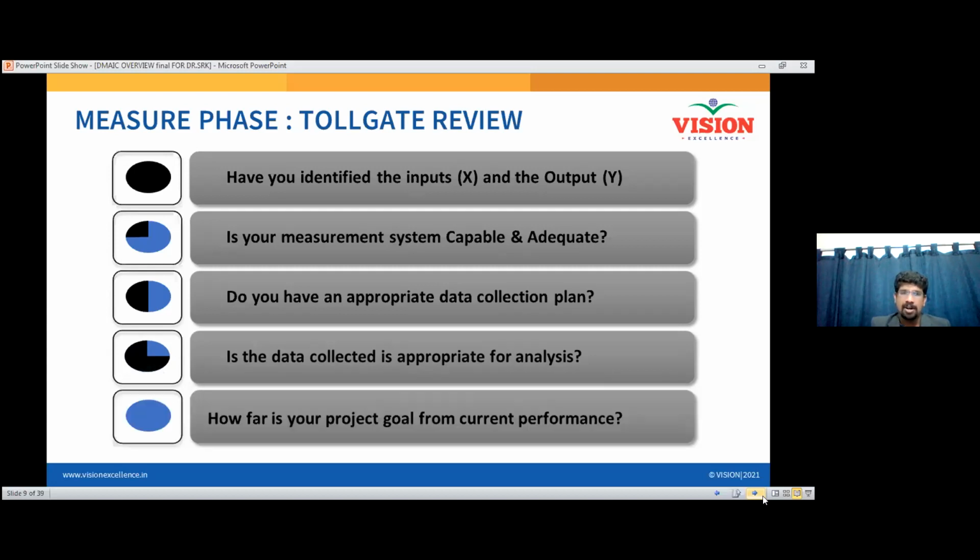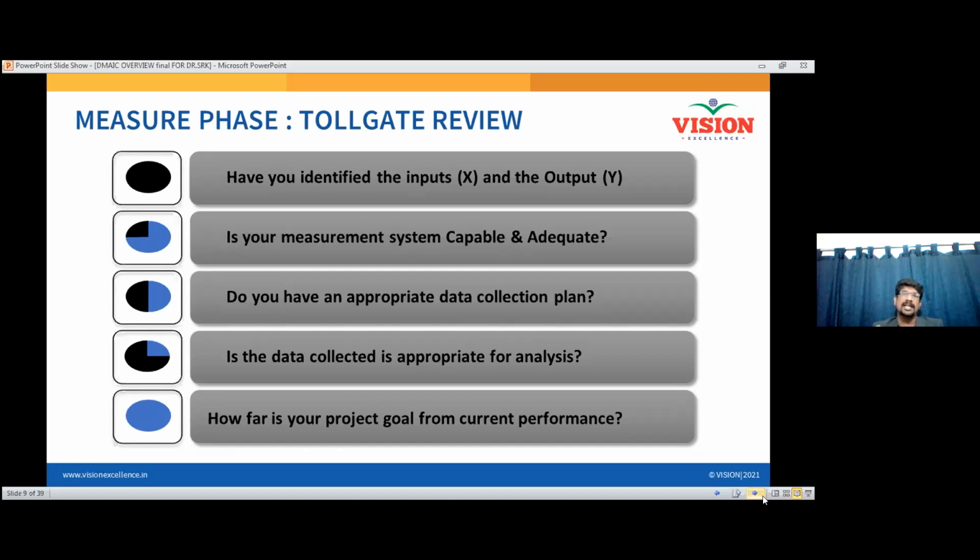Then, after collecting the data, you are going to calculate the performance. So now you know what is the required performance and what is the gap. How far is the project goal from the current performance? For example, if I want to reduce the cycle time, I want my cycle time to be around 4 hours, 240 minutes.